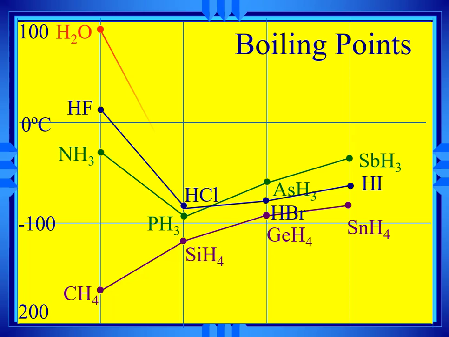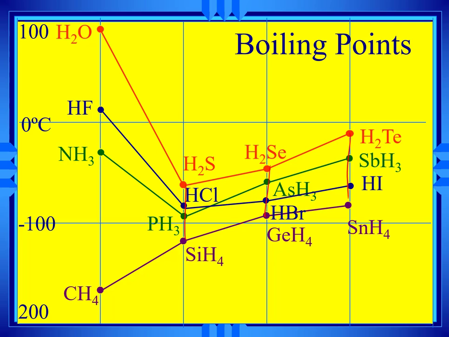And then you try the one in between, 6A. In 6A, we get the same basic trend, where you get a polar jump. But water's way up there. Why is water way up there? Because water can hydrogen bond 2 times.